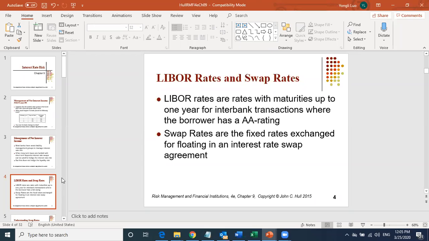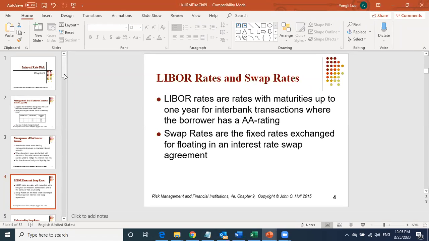The rate is short term, typically maturity less than 1 year for interbank transactions, where the borrower has an AA level rating or above. So we consider the LIBOR rate as the international risk-free rate.